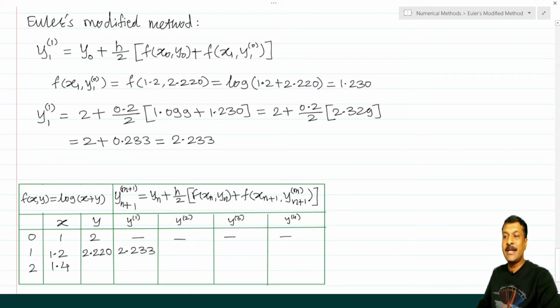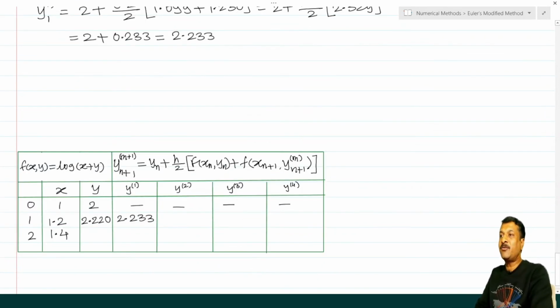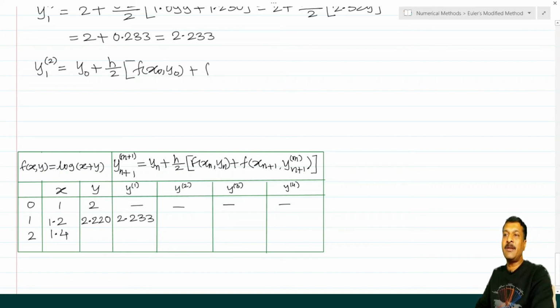It is not same, so I want to improve again. It means that y1 with second position, improve formula, that is the last value y0 plus average value h by 2, f of x0 y0 and f of x1 y1, but this is with improved value, means last value, that is the first position. It means that I have to first find x1 y1 at recent value.